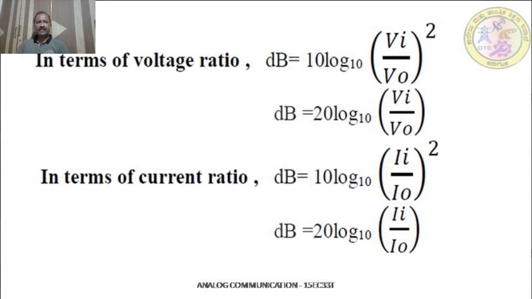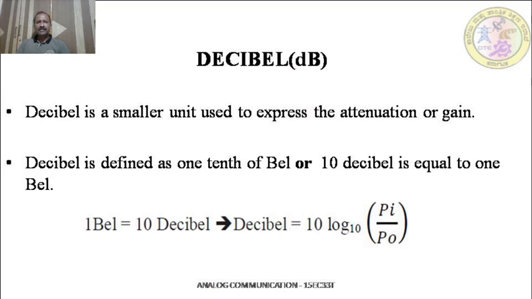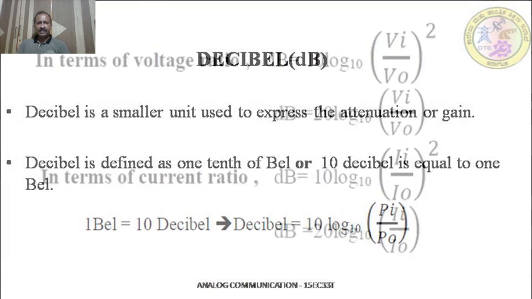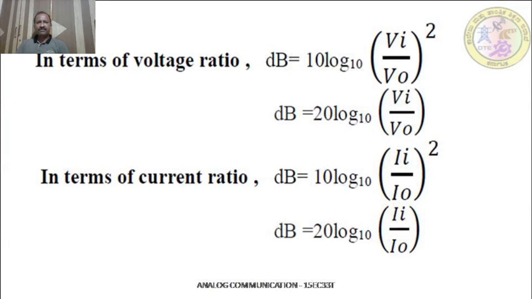Next, we see how to express power related to decibel. Similarly, how you are going to express decibel in terms of voltage and current. You can see here that it is possible to write decibel in terms of voltage ratio. Now you have seen the power is equal to current into voltage.